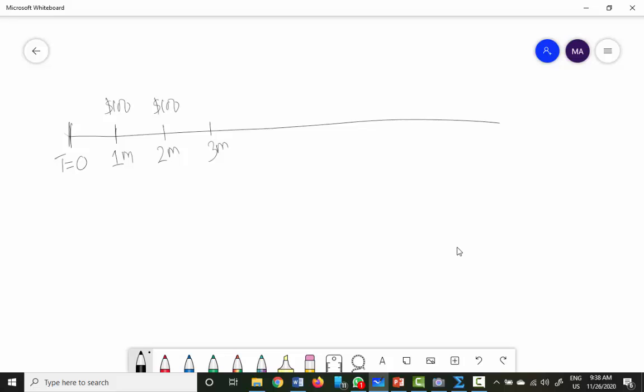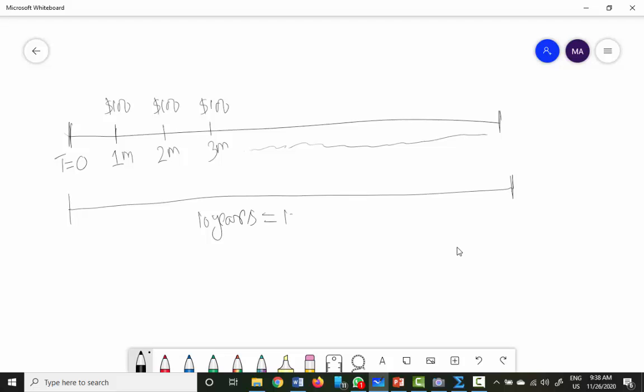At the end of third month also, you will make $100 payment, and like that up to 10 years. So 10 years means in 1 year we will make 12 payments, so total 120 installments or payments.